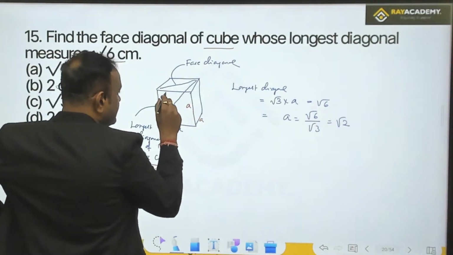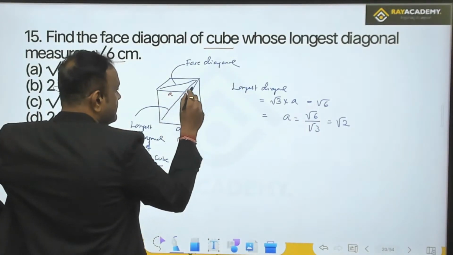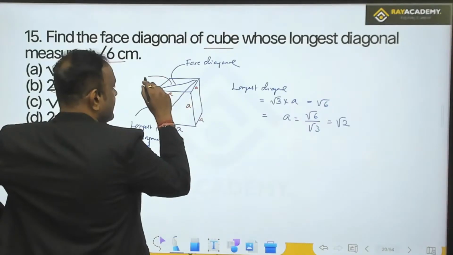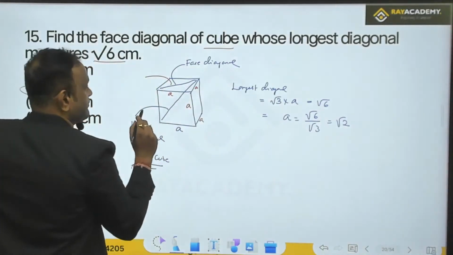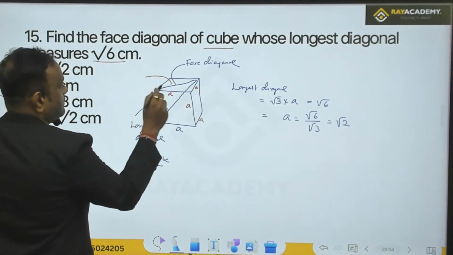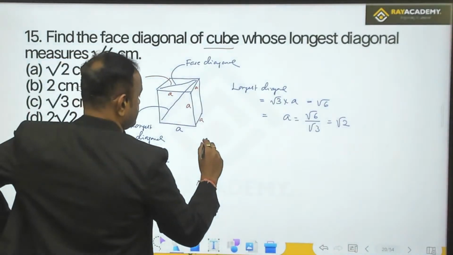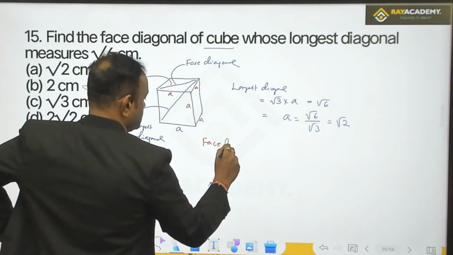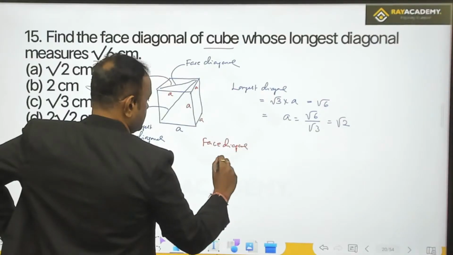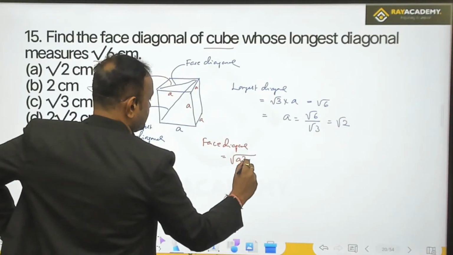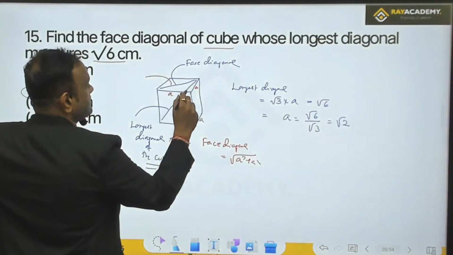Face diagonal, if you see, this is a, this is a. So what is this length? Again, if you put the Pythagoras theorem, the face diagonal is square root of a square plus a square. This is a, this is a, this is 90 degrees.